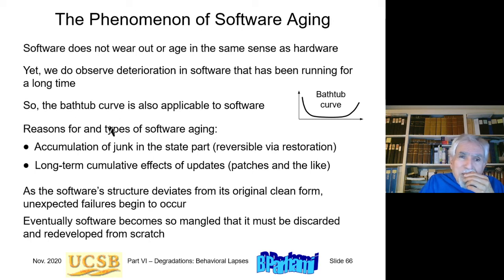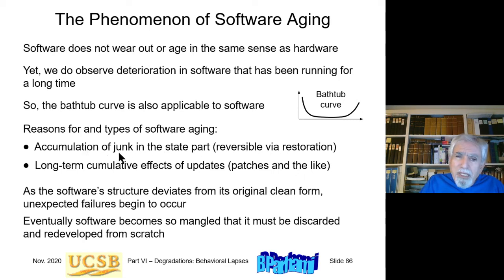Software ages because it does have infant mortality. Upon release, a software may fail right away, but then it has a constant failure rate, and it has this phenomenon of aging. So what does it mean for software to age?